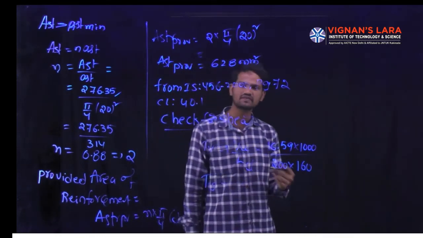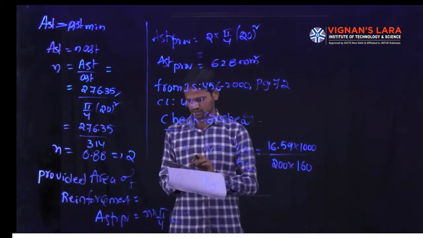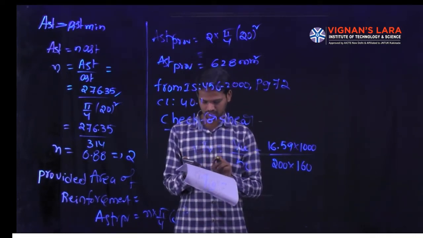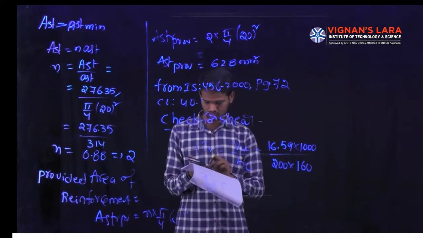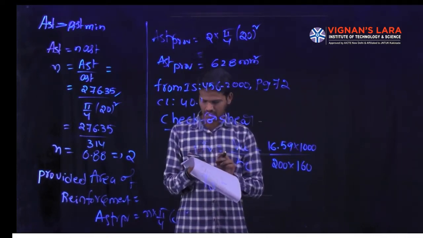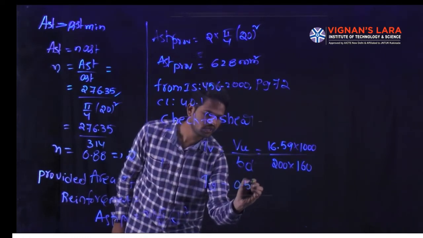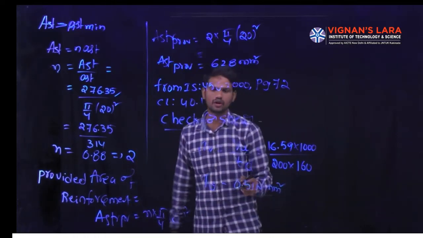I am substituting these values: 16.59 into 1000 divided by 200 into 160. I am getting this tau v value as 0.51 Newton per mm square.